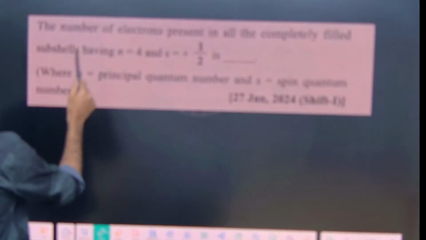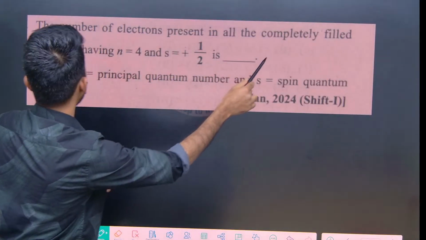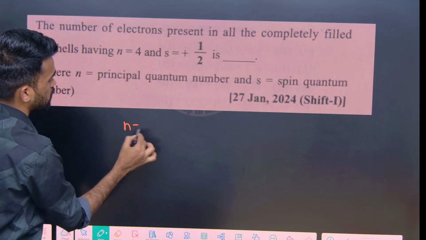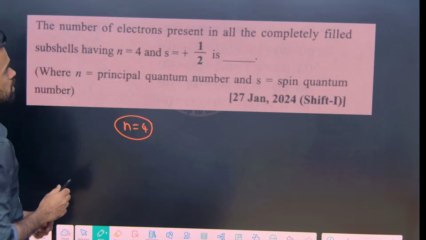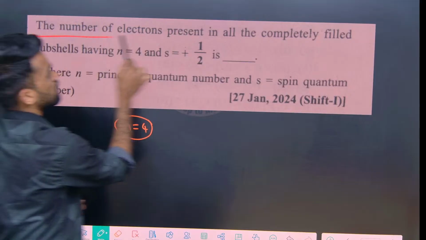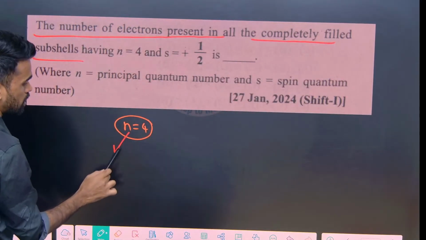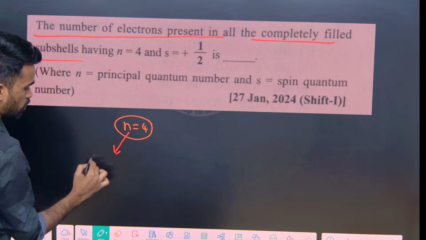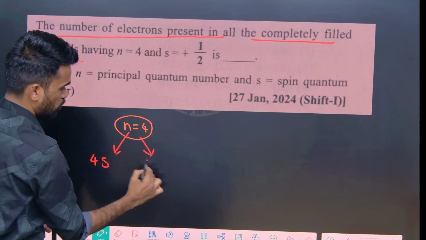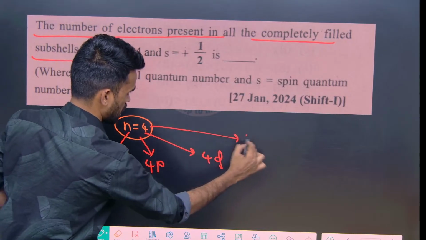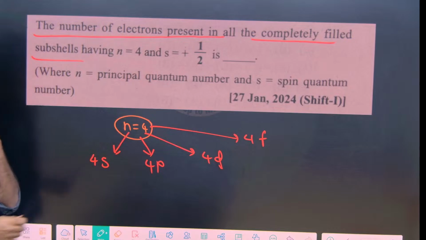The number of electrons present in all the completely filled subshells having n equals to 4. They are saying quantum number n equals to 4, number of electrons present in all the completely filled subshells. Now what are the subshells we have here? 4s subshell we can have, 4p we can have, and d we can have, and f subshell also we can have. These are the 4 possible subshells with n equals to 4.